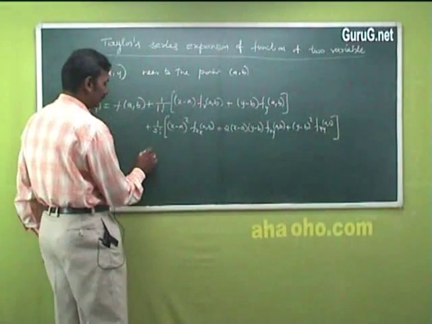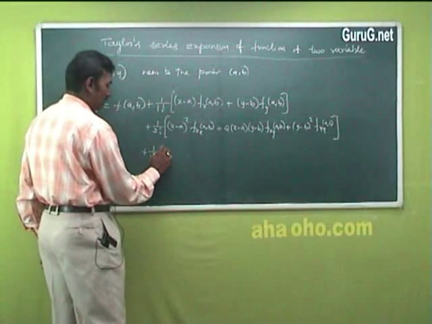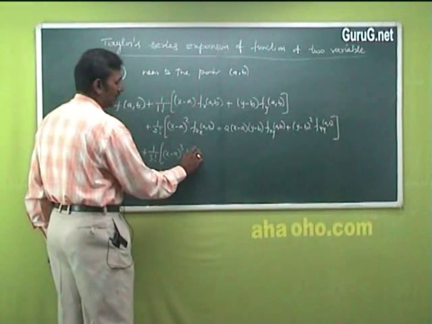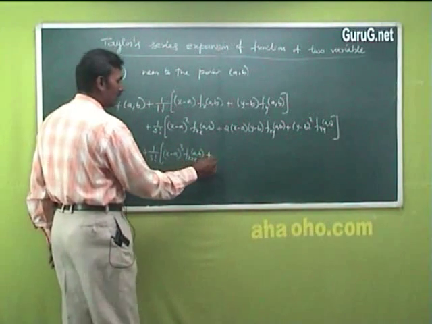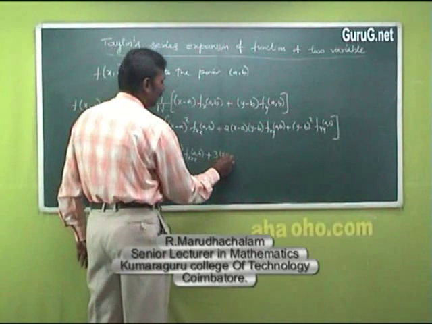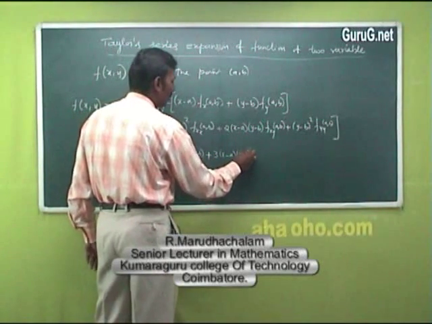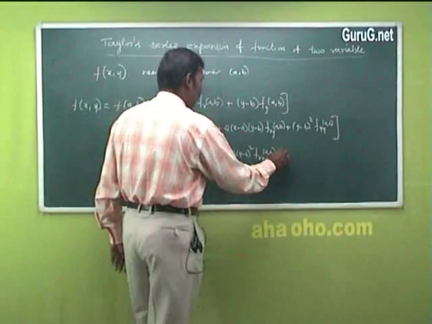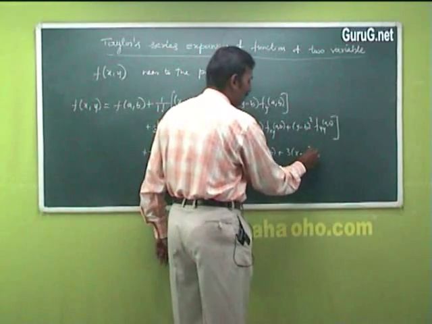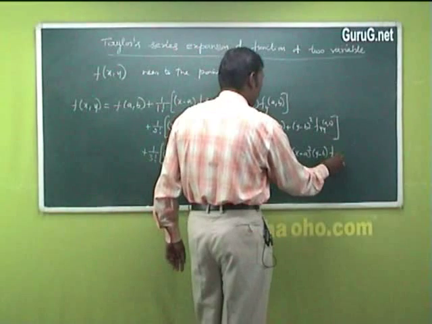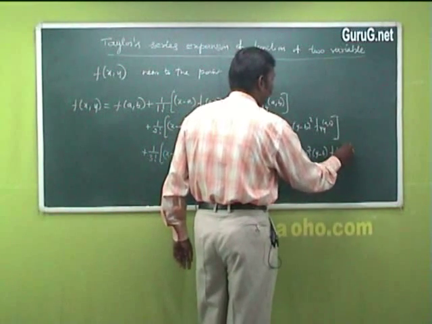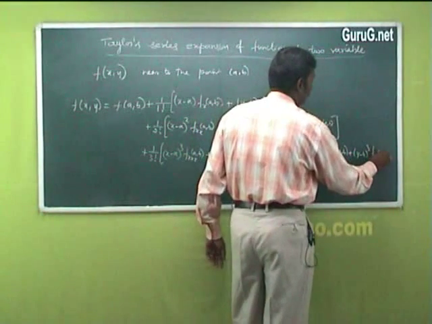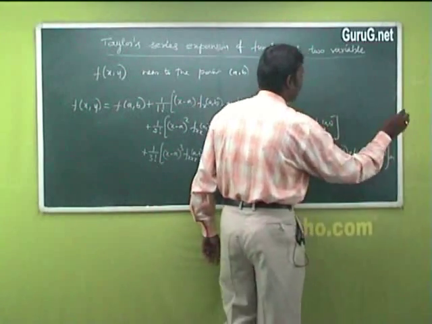then plus 1 by 3 factorial, x minus a the whole cube fxxx of a comma b, plus 3 x minus a, y minus b the whole square fxyy of a comma b, plus 3 x minus a the whole square, y minus b, fxxy of a comma b, plus y minus b the whole cube fyyy of a comma b, plus etc. Right?